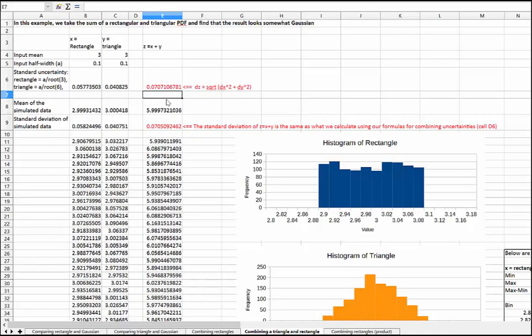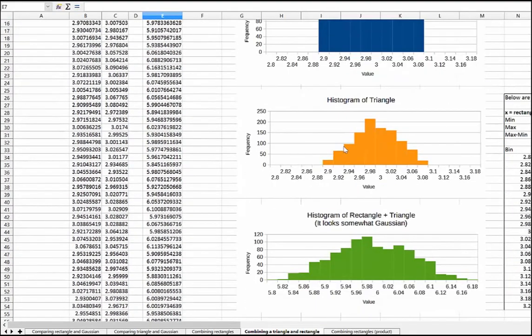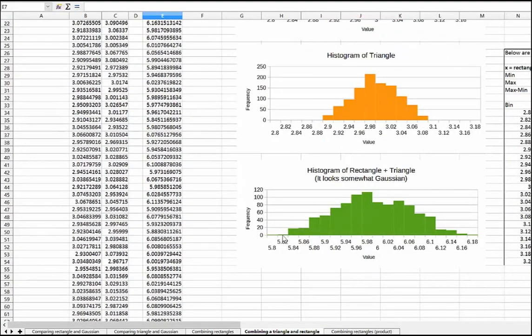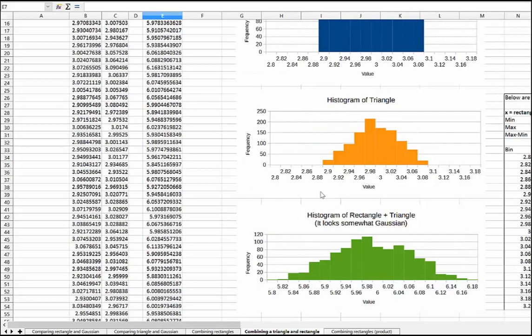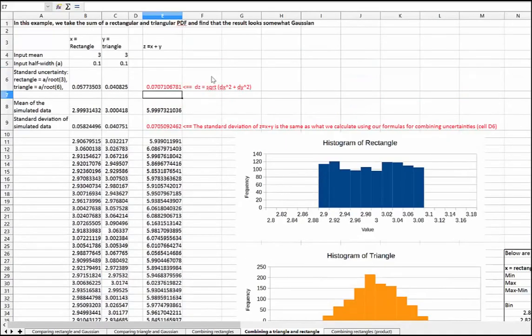And very similar to when we were combining the rectangles, if we combine a rectangle and a triangle, we get something that looks somewhat Gaussian. So as soon as we start mashing triangles and rectangles and Gaussians together to do uncertainty propagations, those different types of PDFs come out Gaussian, which again makes it very reasonable that we're approximating all these things as Gaussians when we are doing these calculations.